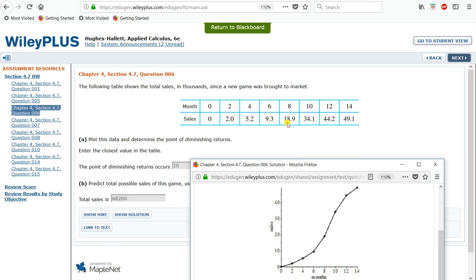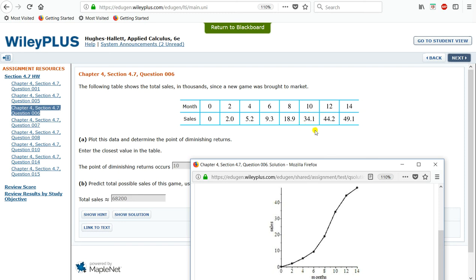So you go another 9.6, and then from 18.9 to 34.1, you take 34.1 minus 18.9, which is 15.2. And then from 34.1 to 44.2, you take 44.2 minus 34.1, which gives you 10.1. So from here to here you get 15.2, but from here to here you get back to 10.1 only.